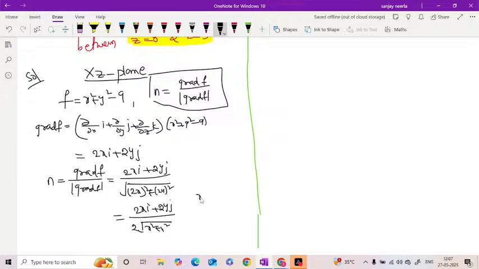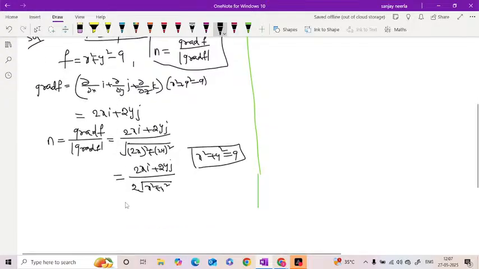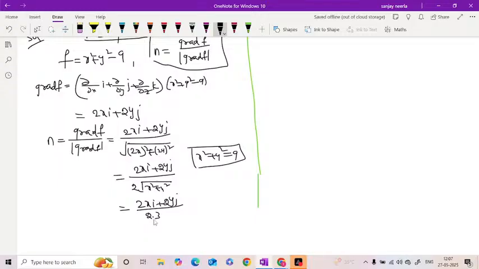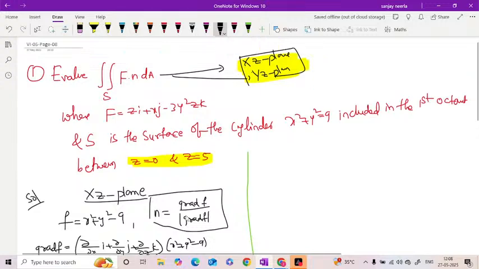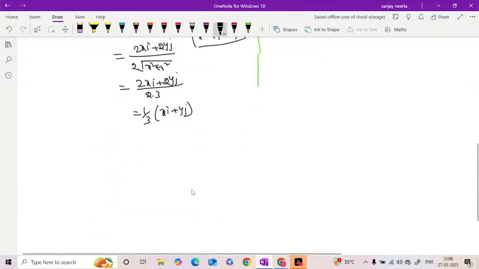But already we know that x square plus y square is equal to 9, so 2x i plus 2y j by 2 into 3. So 2 will cancel. So 1 by 3 of (x i plus y j) is our normal vector.